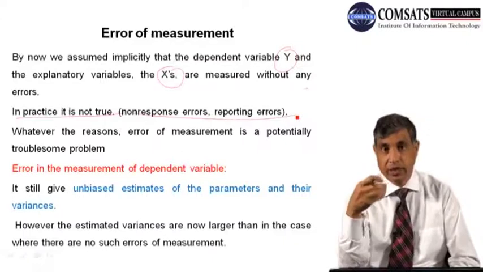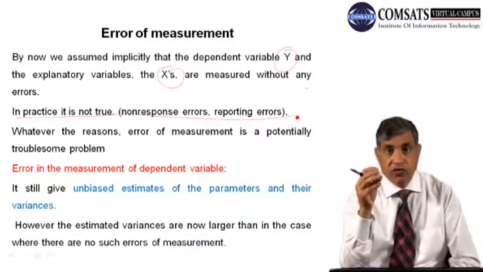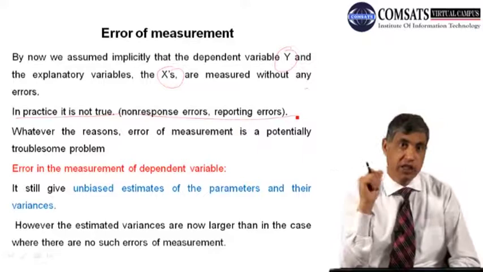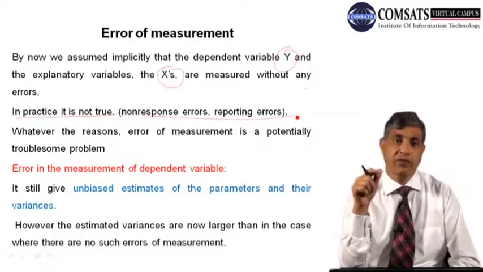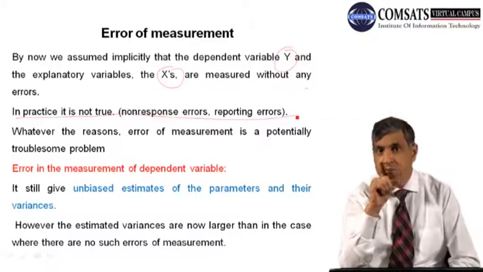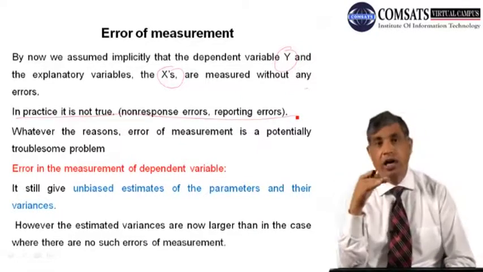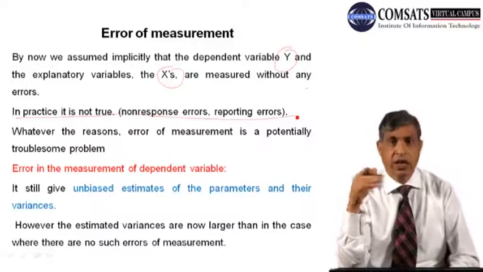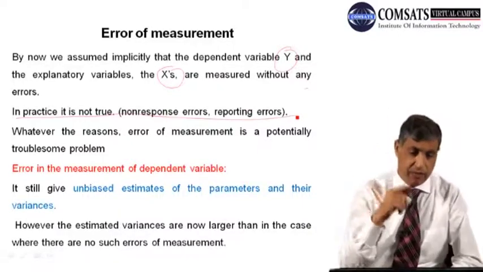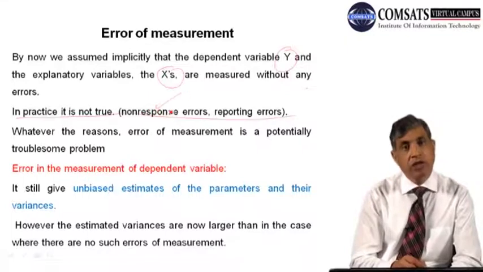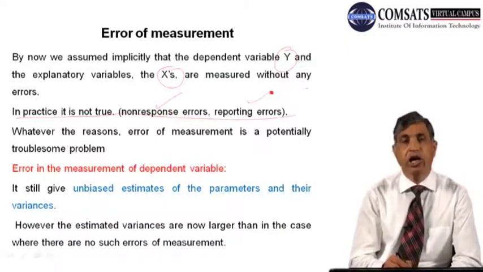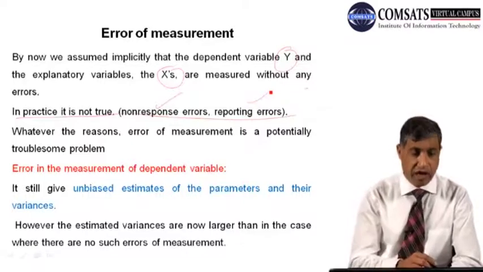For example, if I am measuring the height of you people, if your height is 5 feet 8 inches and I take it as 7.5 inches, there is measurement error, or I use some proxy for this. Whatever the reason is, there is a problem. In practice there are non-response errors, reporting errors, computing errors.